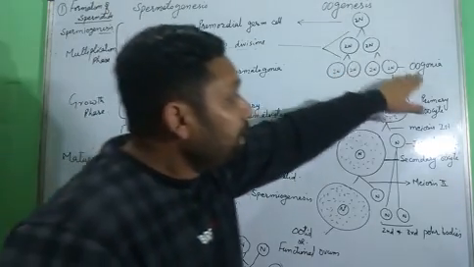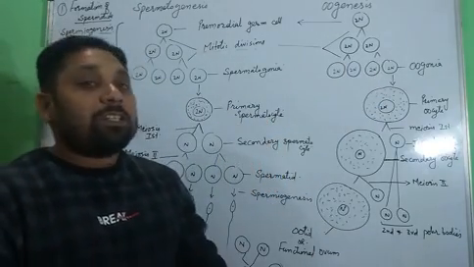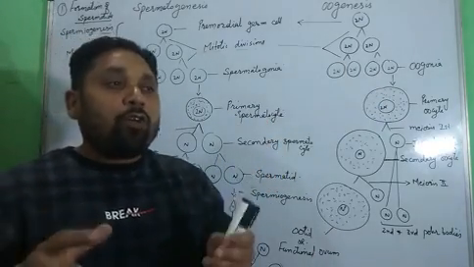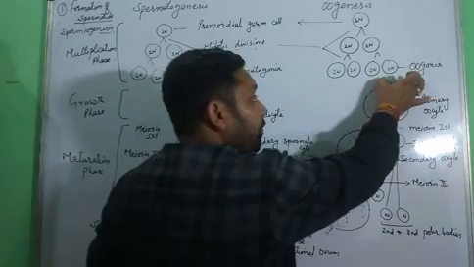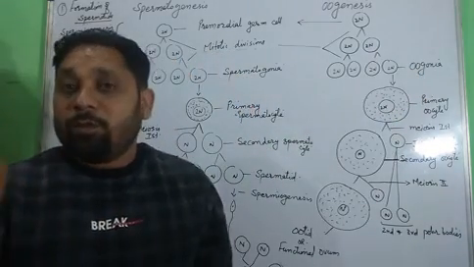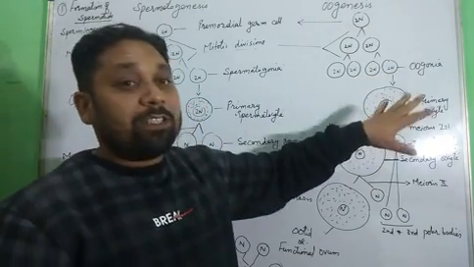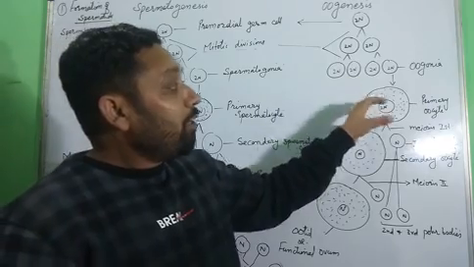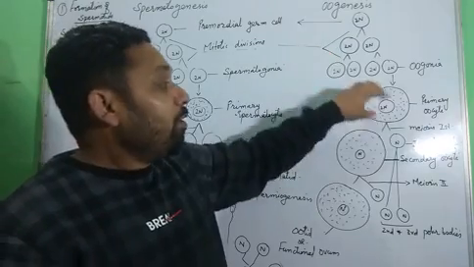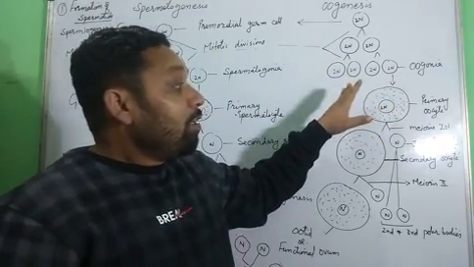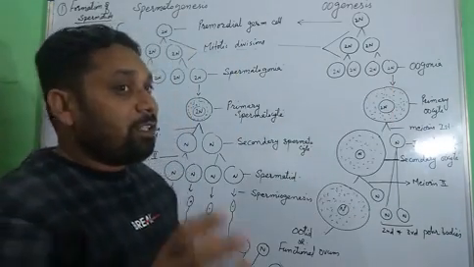The oogonia form a cluster of 400 to 500 follicle cells, and one of the oogonia from that cluster enters into the growth phase, whereas the other oogonia give their nutritive material to that particular oogonia which undergoes the growth phase.